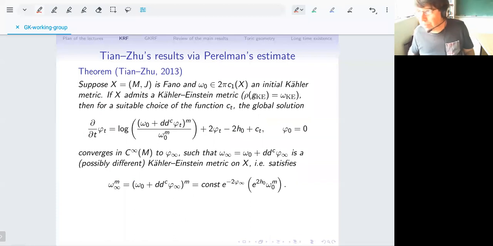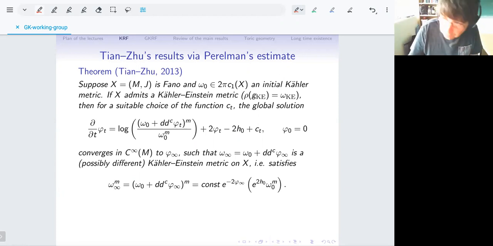But then nothing happened until relatively recently, because this Fano case is notoriously difficult for proving global results. Of course, there was a lot of intermediate progress, but probably the final touch of this story is a result by Tian and Zhu from 2013.